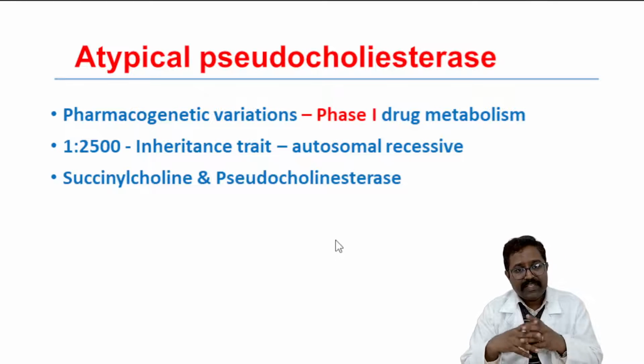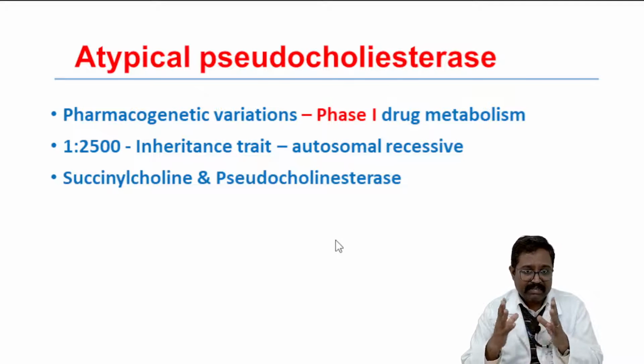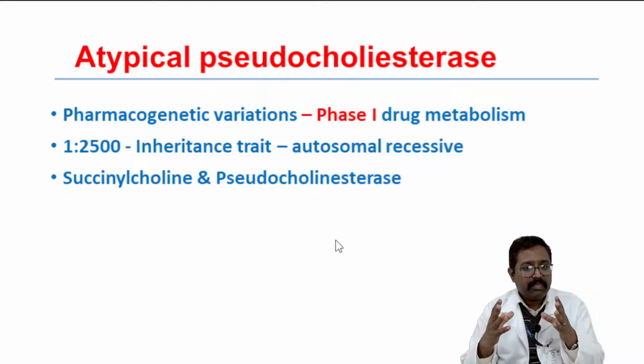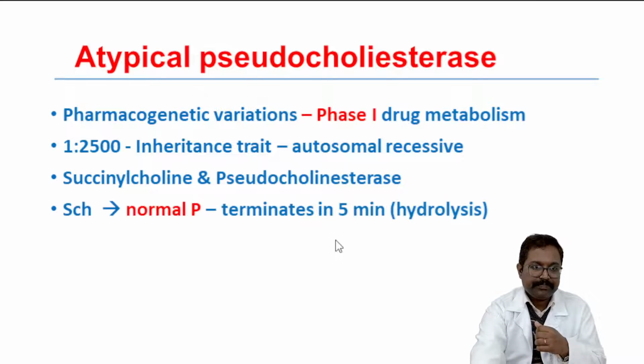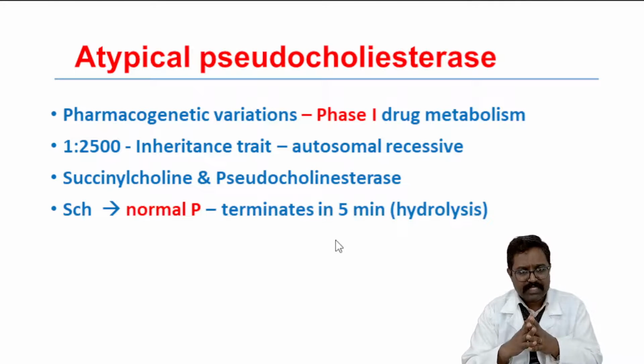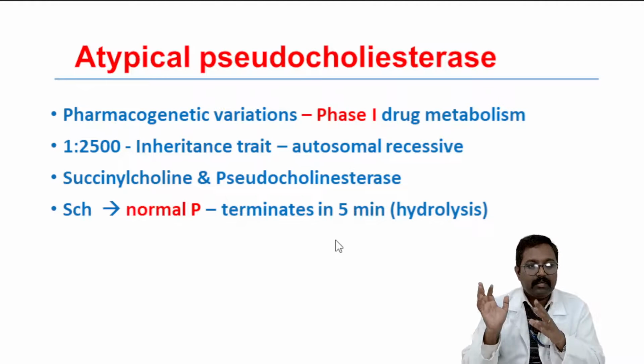Whenever you give succinylcholine, which is a skeletal muscle relaxant, it has to be metabolized or broken down by an enzyme called pseudocholinesterase. Normally, if the pseudocholinesterases are normal, succinylcholine action will be terminated within 5 minutes by hydrolysis.